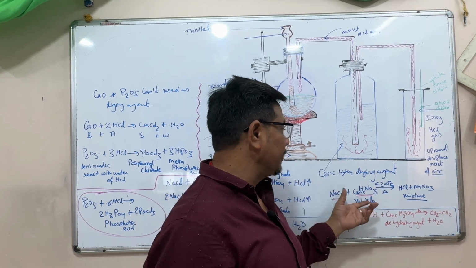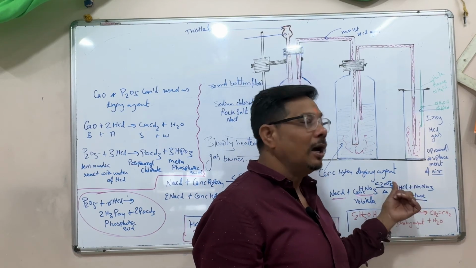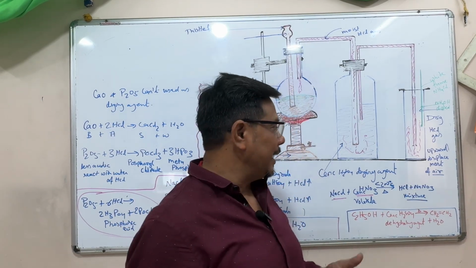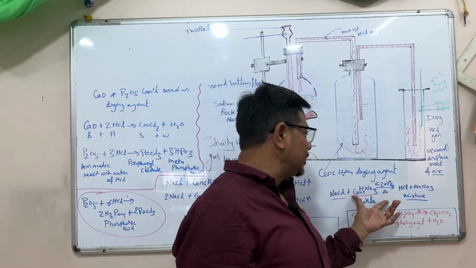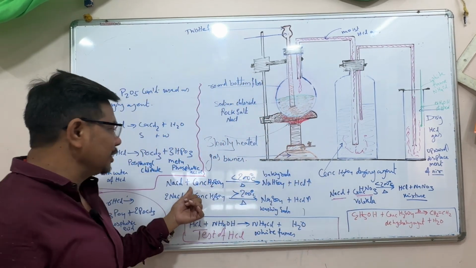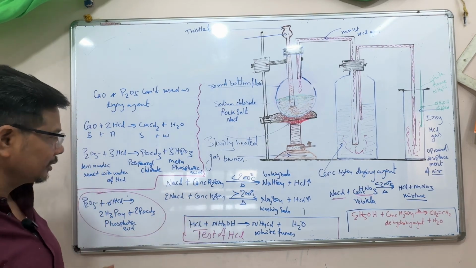And one more thing, the nitric acid vapour also comes along with the HCl, and it is difficult to separate them. So to avoid this problem, we use concentrated sulfuric acid as the reacting substance.